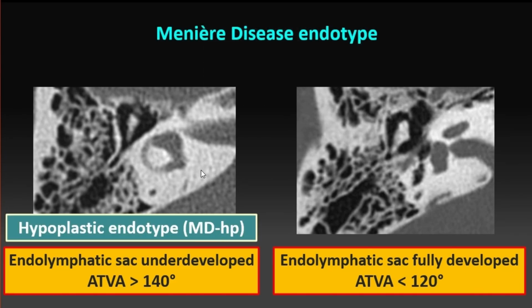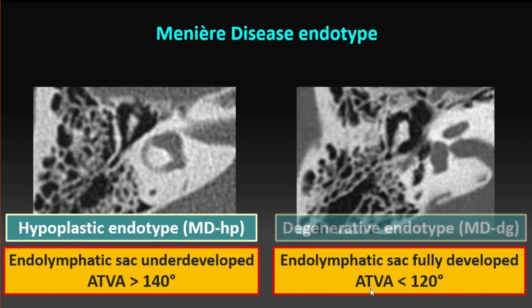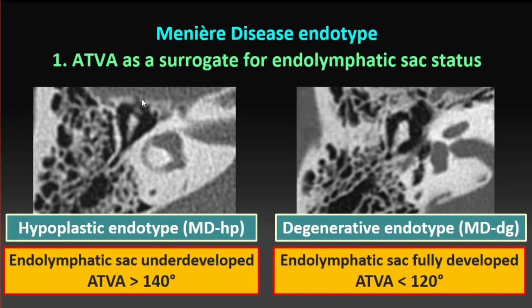So that's how we endotype them. The one on the left, hypoplastic endotype, HP. The one on the right, degenerative endotype, DG. So if you look at a CT scan of someone with Meniere's disease and you see these different orientations, you can call the underlying endotype phenotype of Meniere's disease.